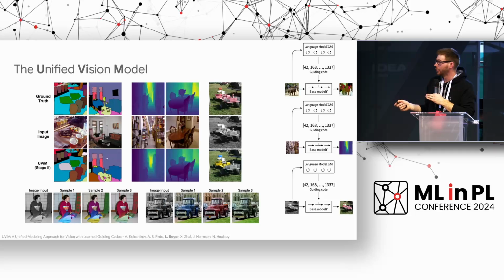And then you learn a language model that maps the image to this code, and then you decode it with your VQVAE decoder. So you see, this is the exact same model structure for all of these tasks. The model structure is really a language model that generates this language, and then if you want to decode it, you add the decoder.